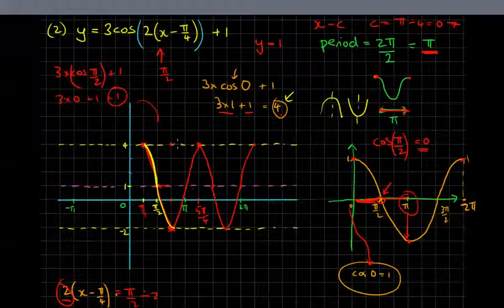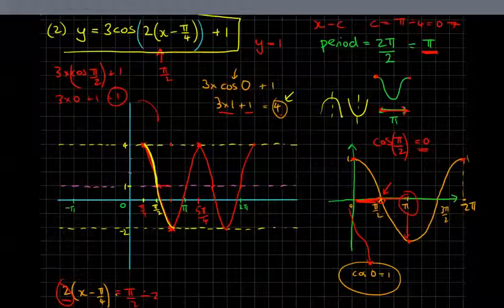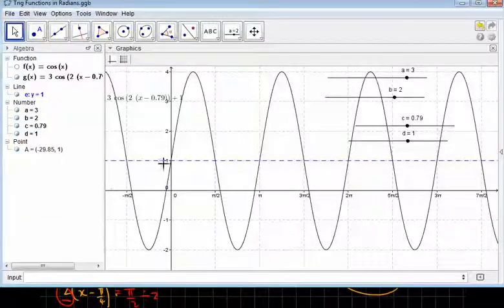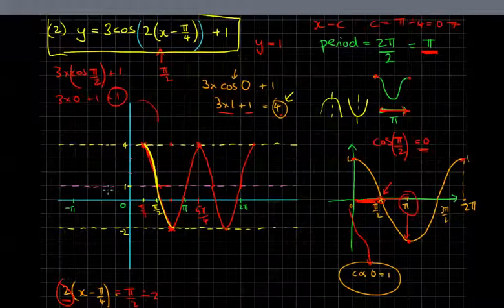So I just mirrored it here, so you can use that to help speed the process up. So what you should do now is practice. This is probably the hardest type of problem you'll ever get asked to do, really, so it's got all the 4 things kicking in. But if you want to practice this, use this bit of software, the GeoGebra file, to check your answers. Or you can use your calculator as well.